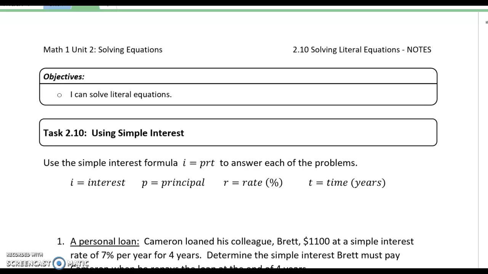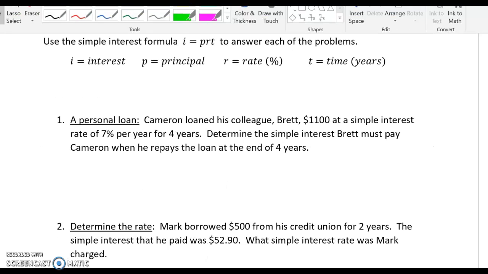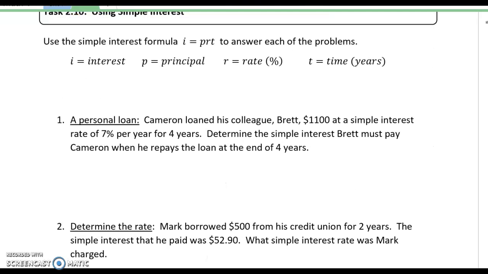All right, so we're moving on to the 2.10 notes, solving literal equations. We're going to start off today's notes with the formula for simple interest.